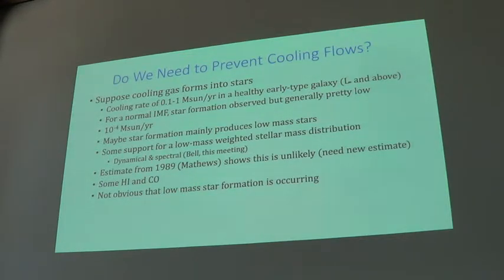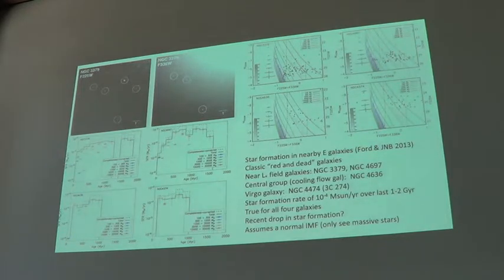But, okay, so the cooling rate, or the mass loss rate from stars, it's kind of interesting that they're the same, is a few tenths of a solar mass a year for a healthy early type galaxy. And for a normal IMF, you'd see star formation that was actually rather easy to detect. And let me show you how easy it is to detect this in the nearby galaxies.